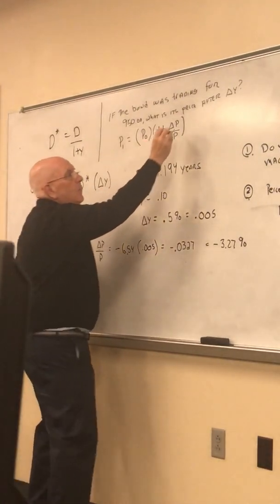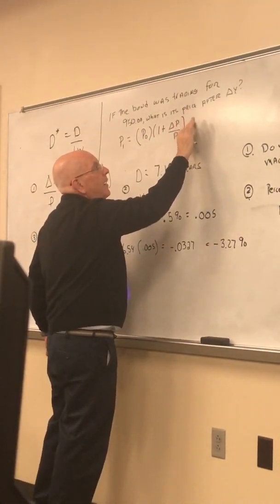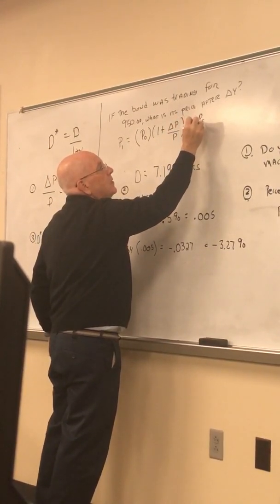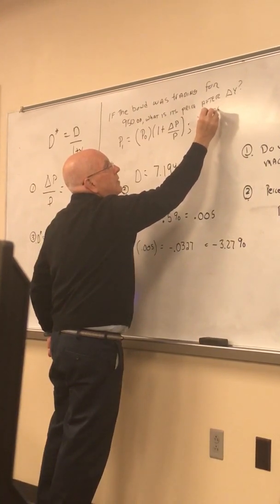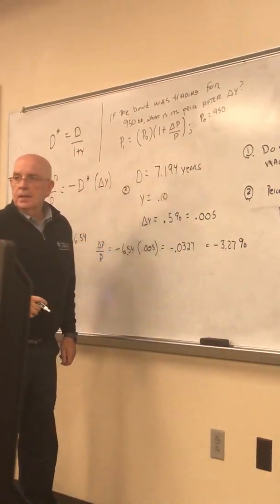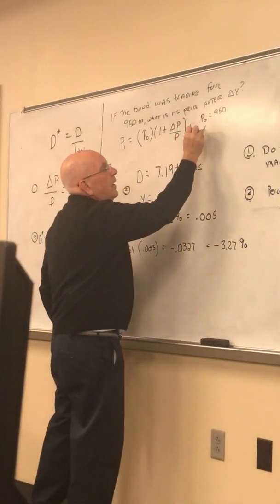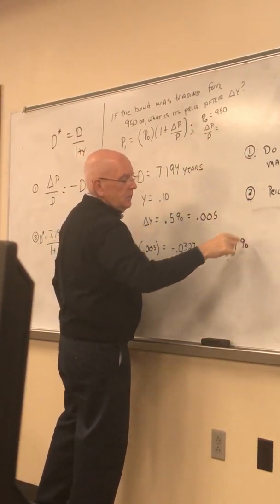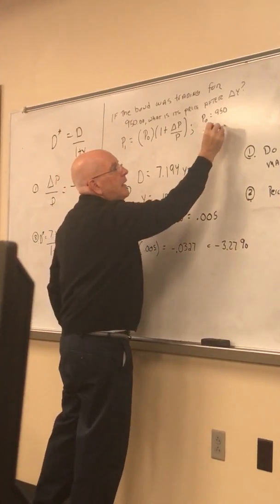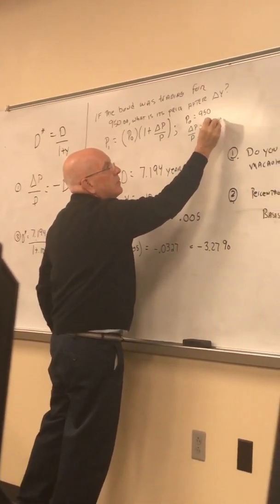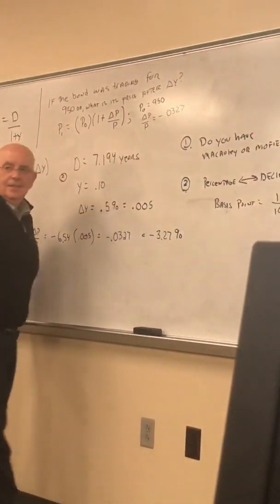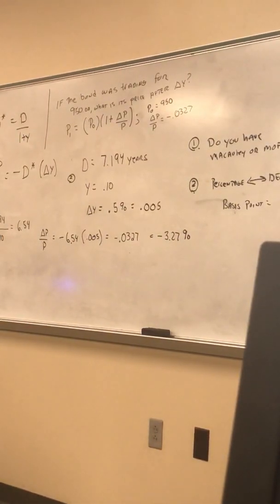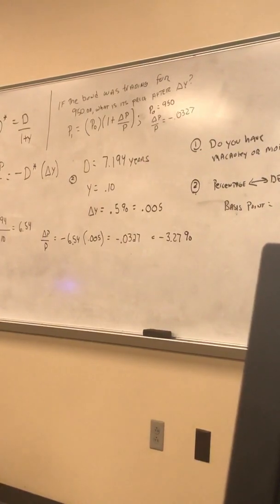What do we know? Here's my formula. We know that P0 was equal to 950. We know that delta P over P was equal to negative 0.0327. How did we get that? That's what we got from the other problem, from the last part of the problem.